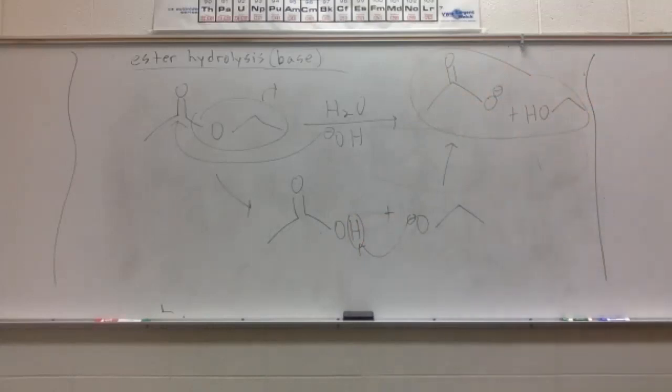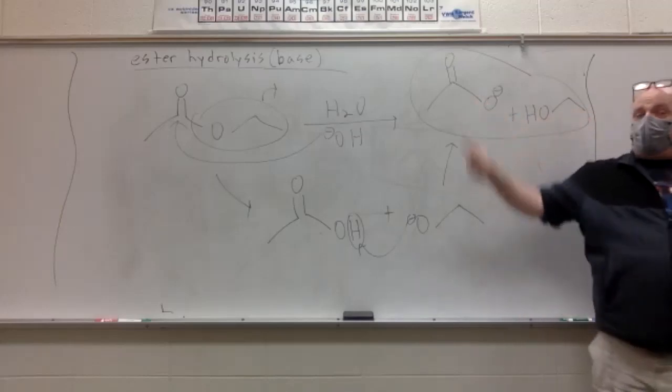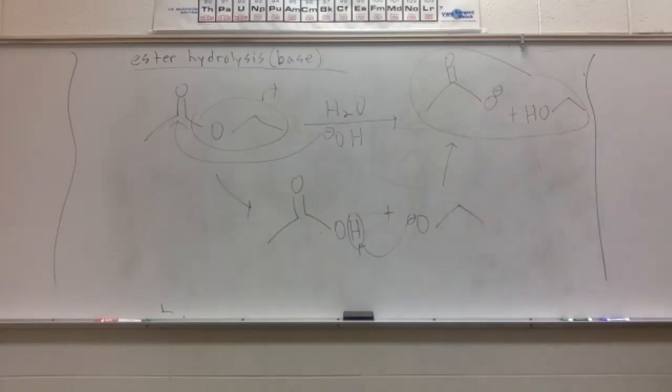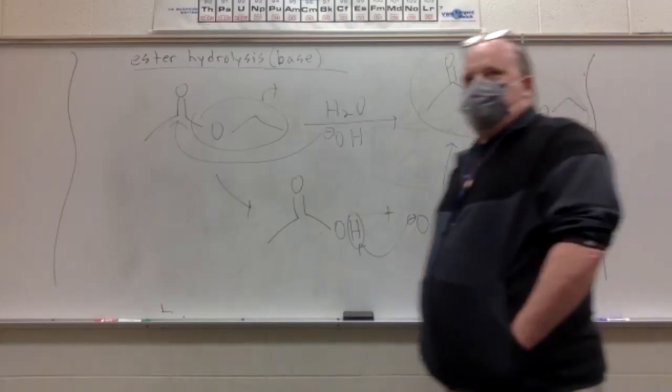So the end products are slightly different depending on whether you hydrolyze something in acid or base, right? If you hydrolyze in acid, you get an alcohol and a carboxylic acid. If you hydrolyze it in base, you get an alcohol and a carboxylate. Does that make sense?